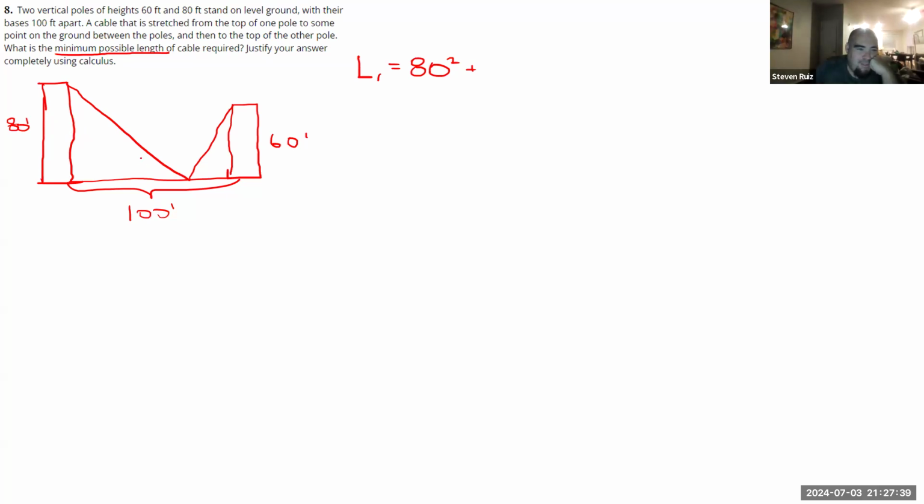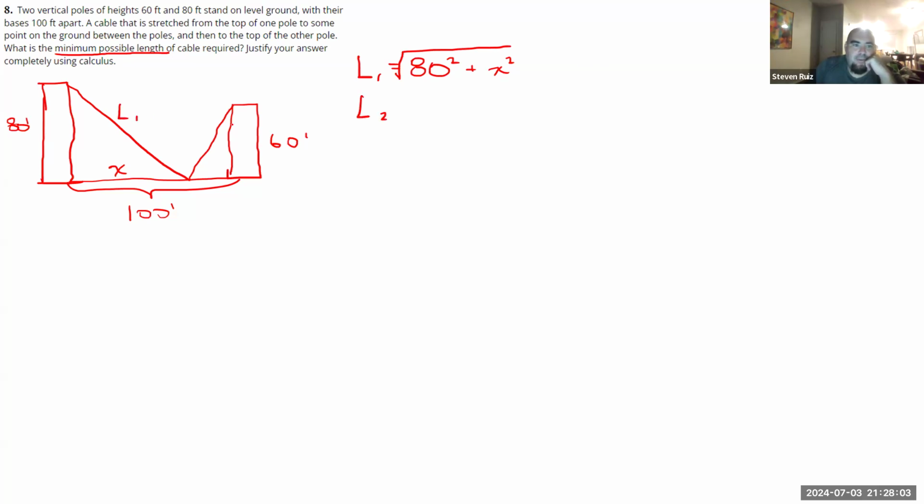I don't know that. In fact, I think that's going to be my variable, so I'm going to call that x. So 80 squared plus x squared, and the square root of this is the length, by the Pythagorean theorem.